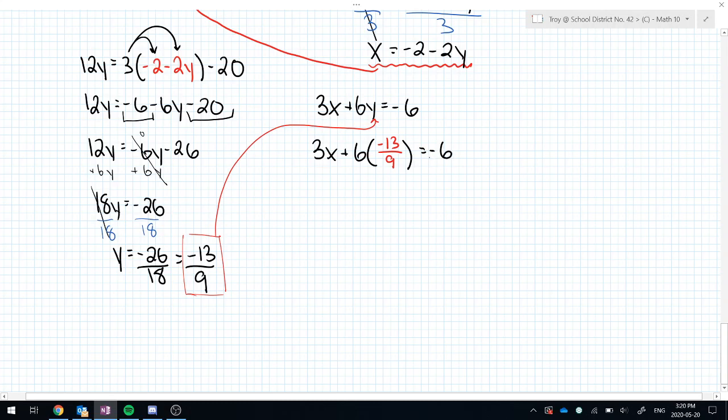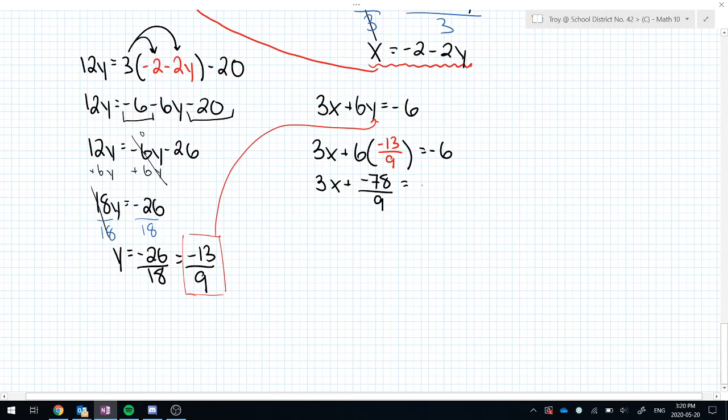All right. So we can multiply that out. So 6 times negative 13 is going to give us negative 78 over 9. Just kind of gross. Actually, that reduces, I think.